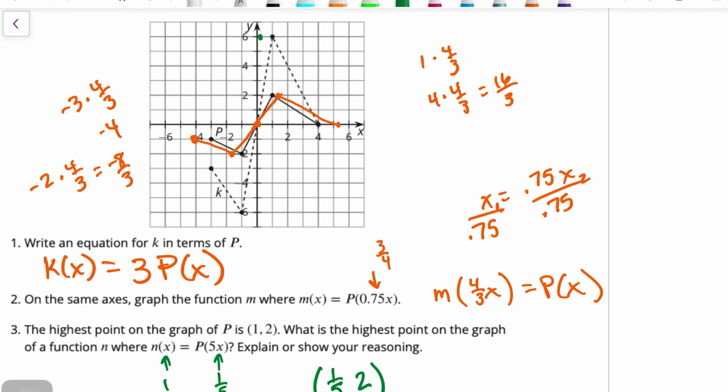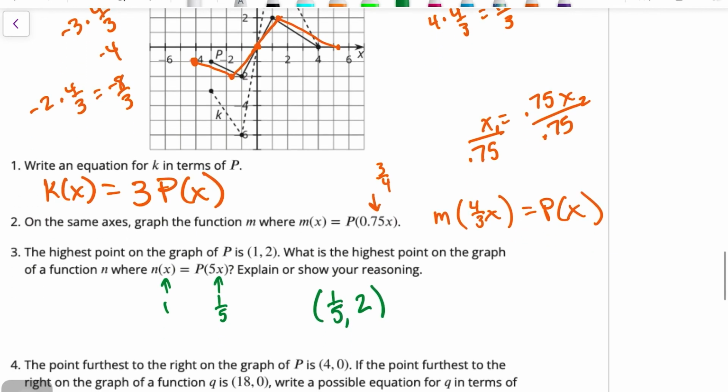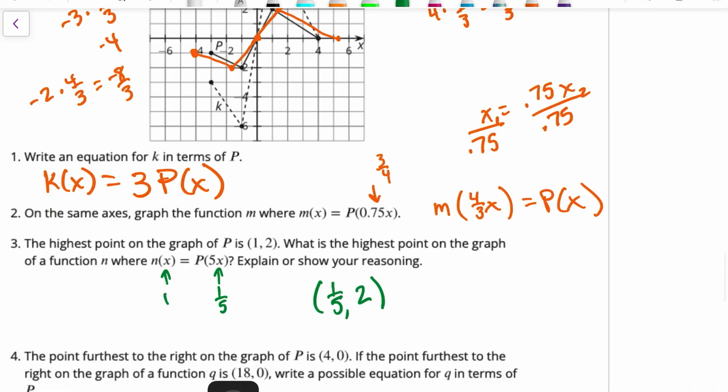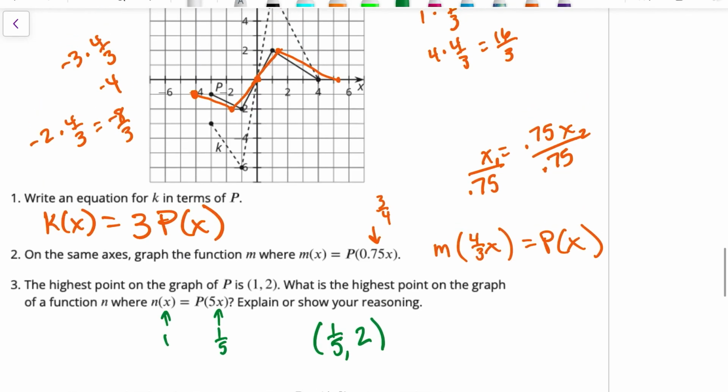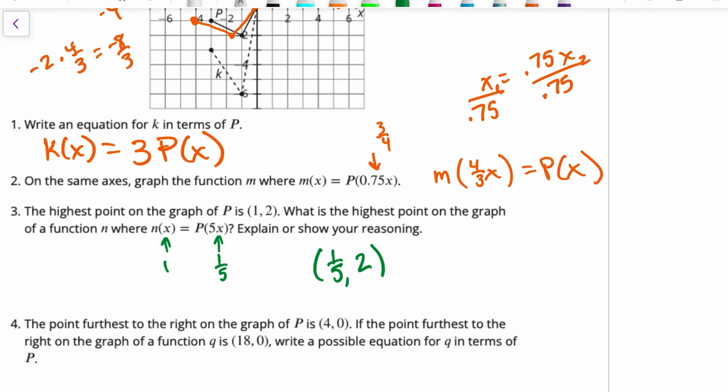Okay, let's see. Number 4, the point furthest to the right on the graph of P is 4, 0. If the point furthest to the right on the graph of a function Q is 18, 0, what's a possible equation? Okay, so it's 18. So we are going from 4 to 18.